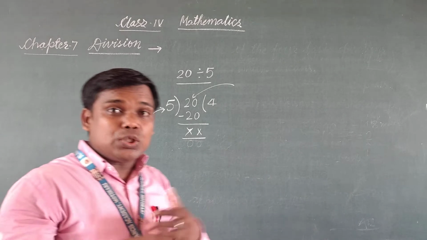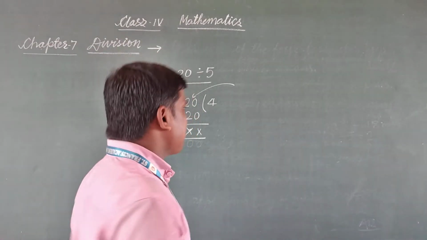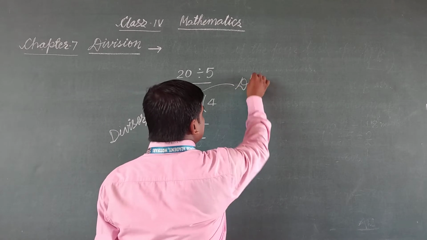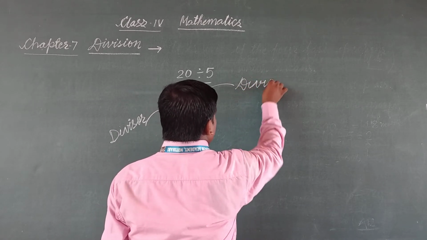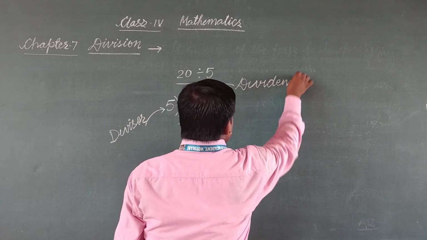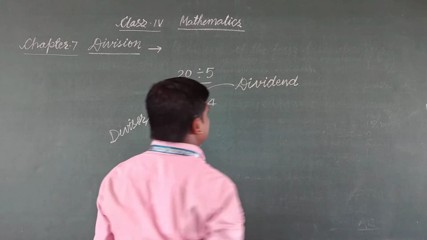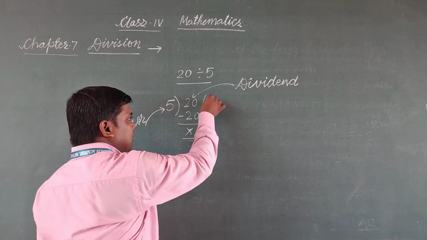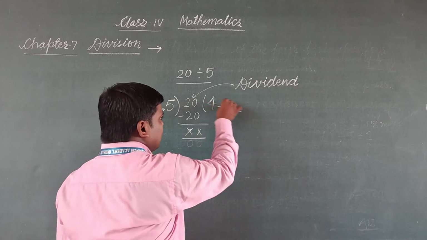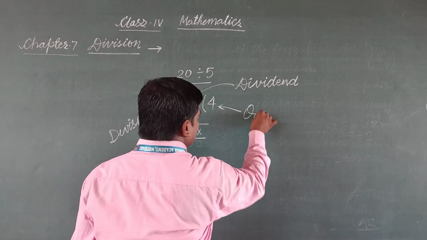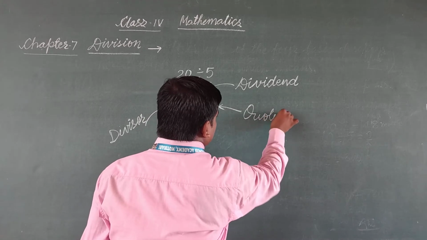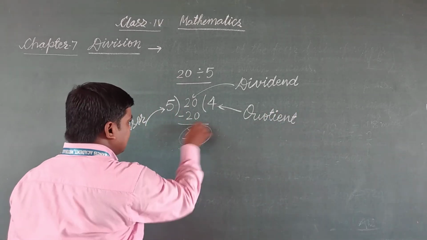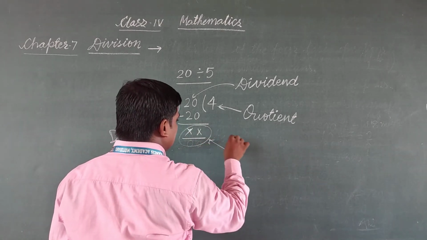The number which is going to be divided, this 20, is called the dividend. And the result of division which we get is called the quotient. And whatever we get here is called the remainder.